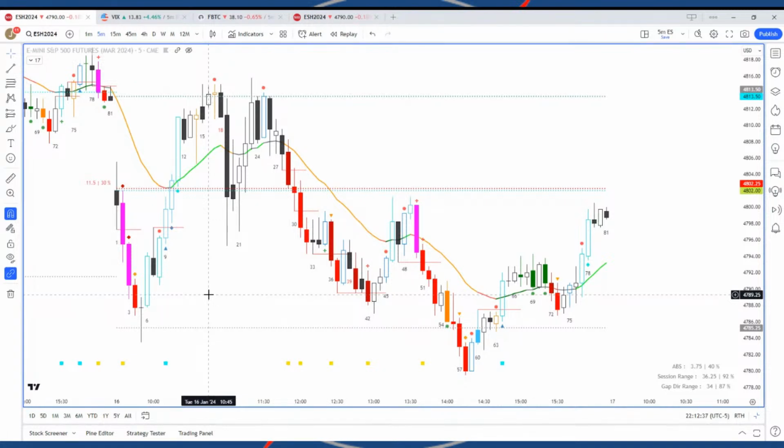So if you do a context study, one of the things that you'll find is that when gaps are not very large, and there's a spectrum of not very large, but basically if they're less than 35 to 40% of the average daily range, then you're looking at upwards of a 60% chance that the opening gap will close.